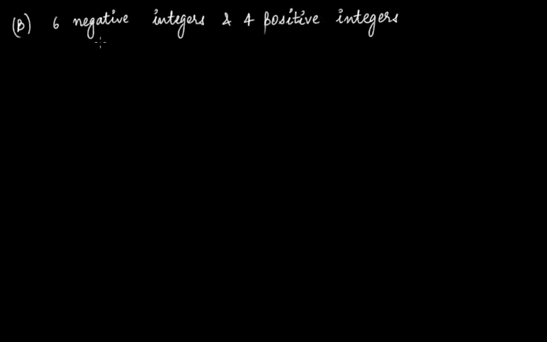What about this one? You have 6 negative integers, and since 6 is an even number, your product or multiplication will be positive.